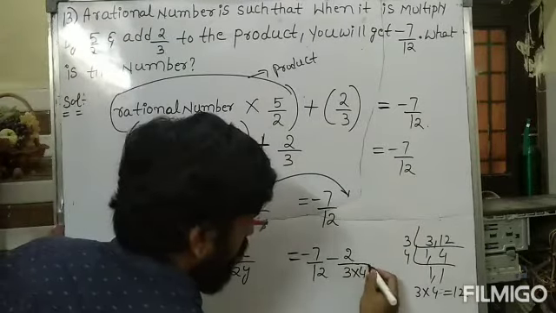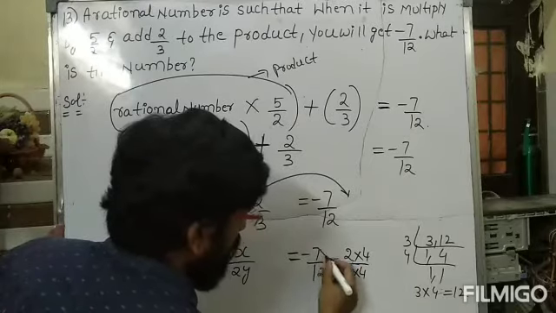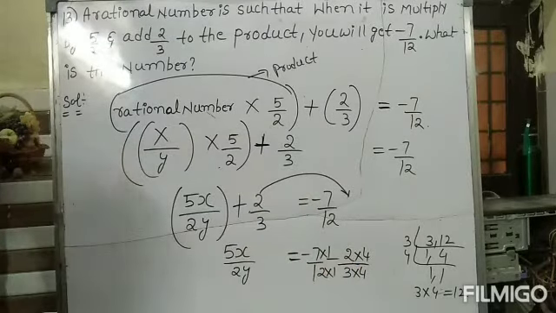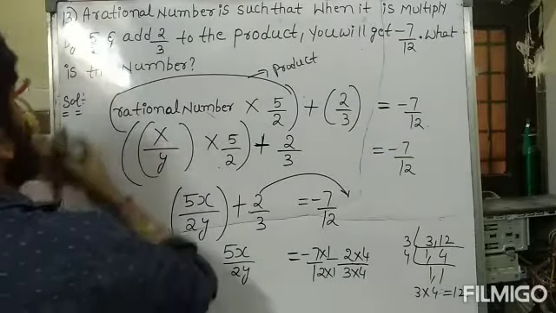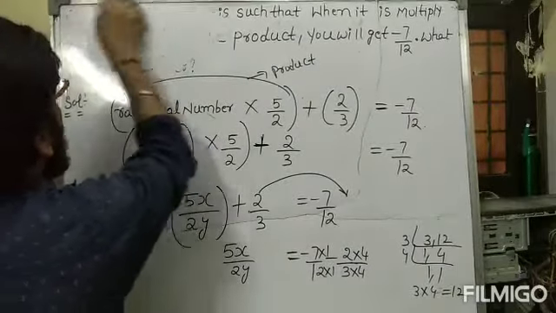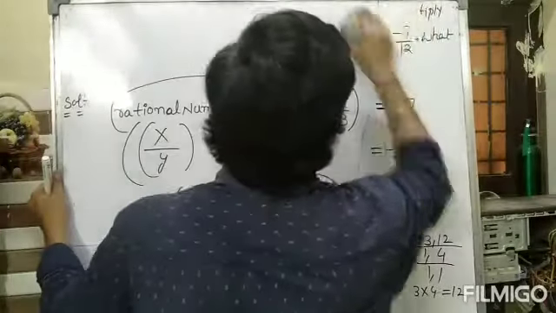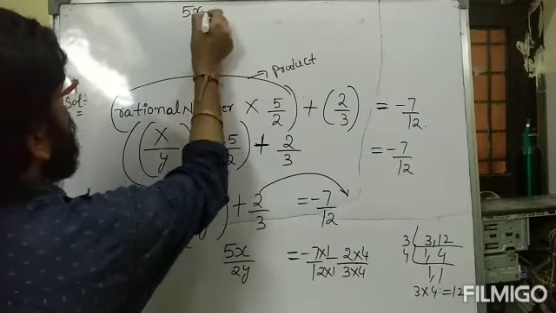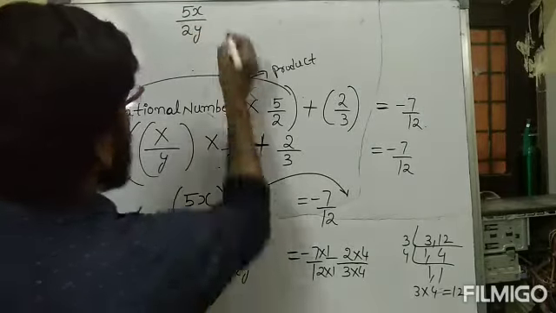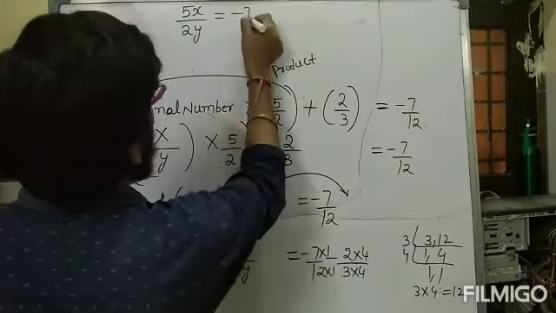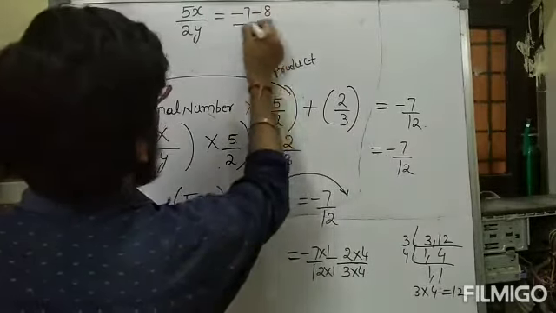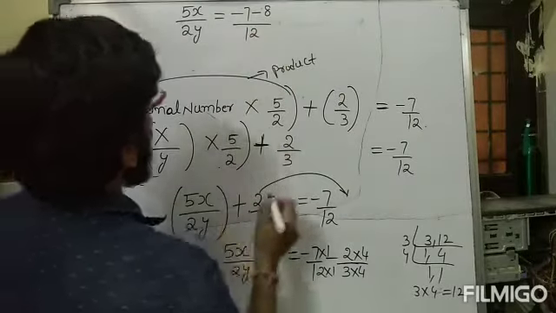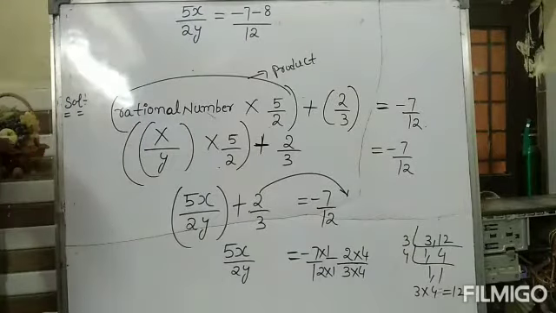So 5x by 2y is equals to minus 7 minus 8 by 12.